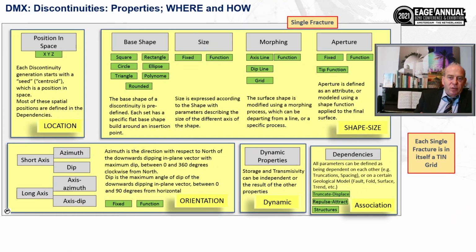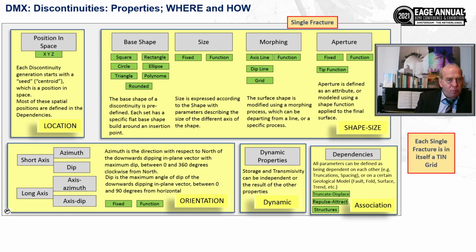Here we see a series of features which the protocol can handle for each single fracture that needs to be modeled. Therefore, for the fractures, we need, of course, information to be extracted on the dataset on all these different parameters, which can be summarized basically as where is a fracture and how is this fracture.